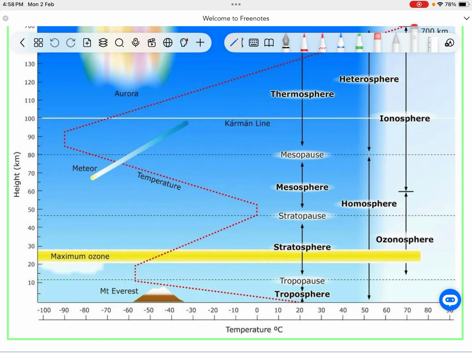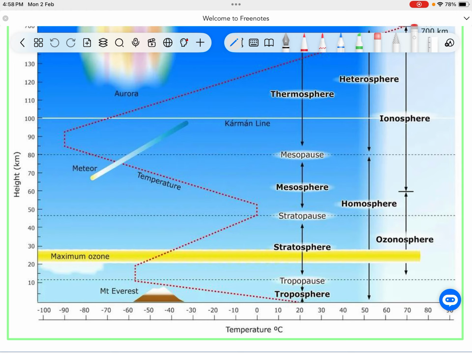We have layers such as troposphere, stratosphere, then mesosphere, and thermosphere. So this was the structure of the atmosphere based on the temperature and pressure profile.